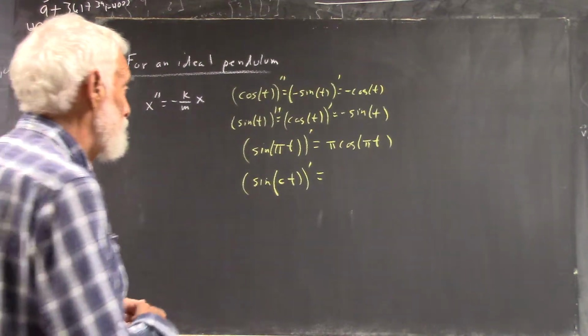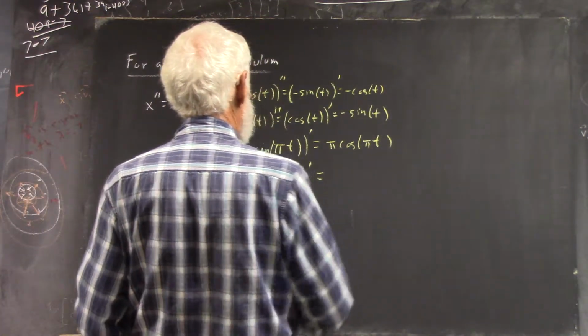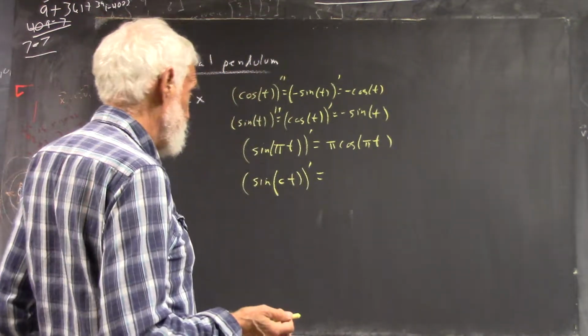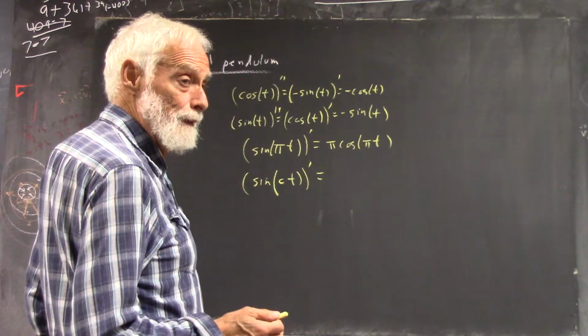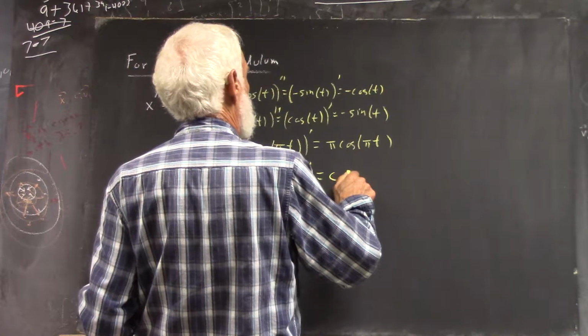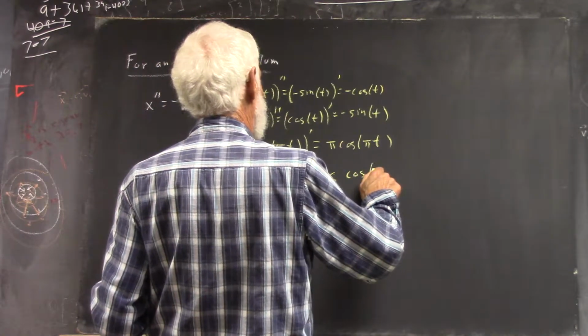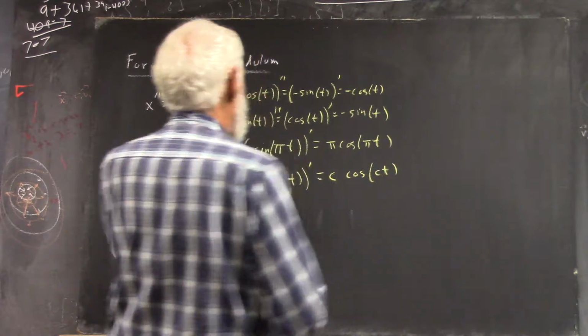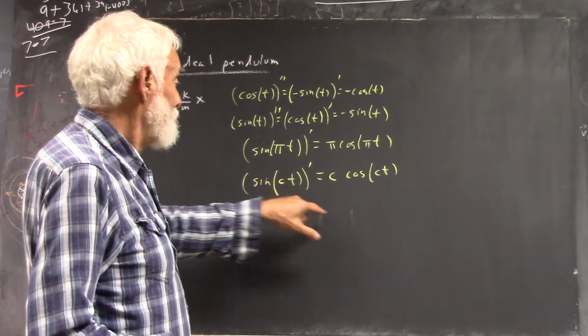Same thing, but replace pi with c. No pi involved. It'd be the same thing. The derivative of the ct function is just c.